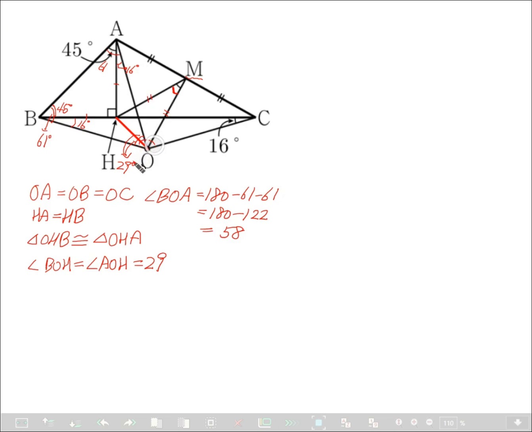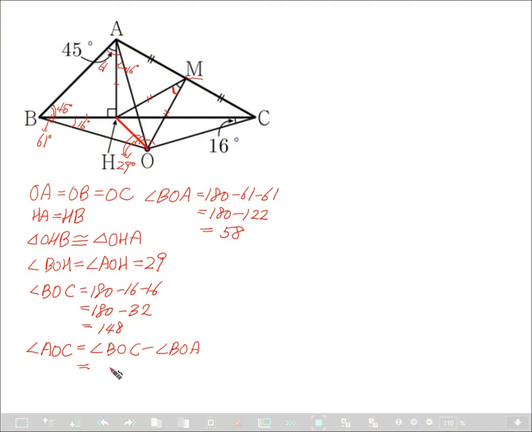You know this angle? Angle BOC. BOC equals 180 minus 16 minus 16, which is 148. And angle AOC equals angle BOC minus angle BOA.